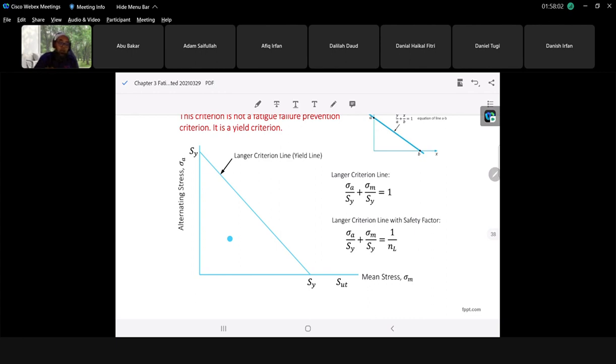So this is the equation for the Langer safety factor. Alternating and mean, and then you use yield strength.